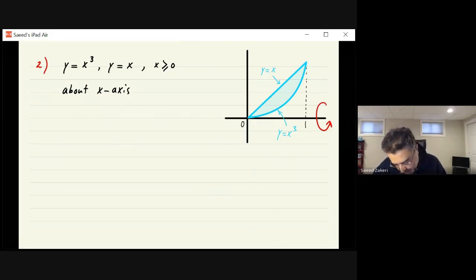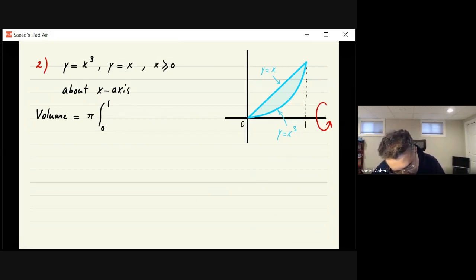All right. So according to the formula that we had, the volume, this is the washer method. It's pi, integral from 0 to 1. Those are the values of a and b.